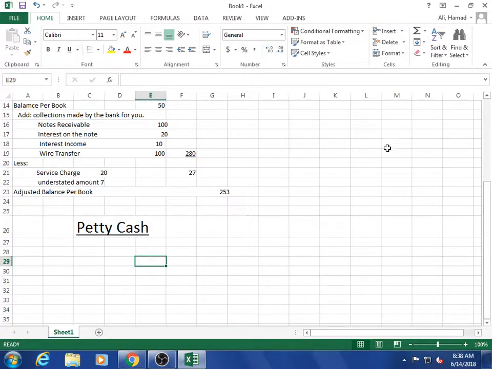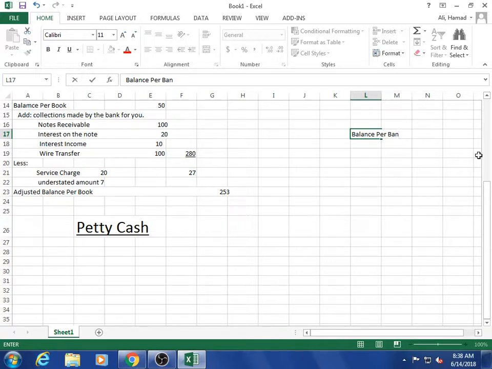If I were to write a formula, how would I do it? I would do it this way. Balance per bank. And then I'll say plus deposits in transit, all right, minus deposit in transit.